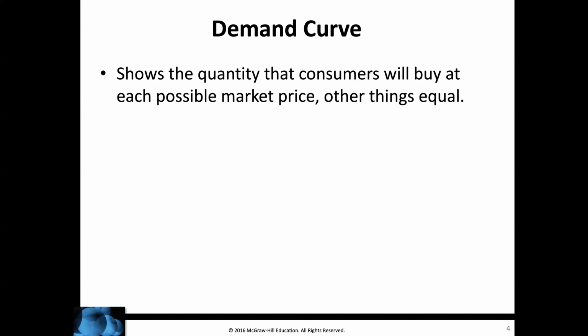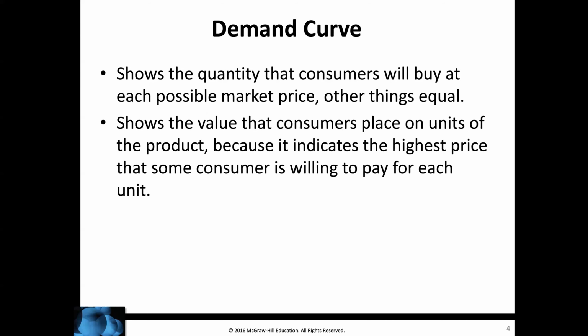We call this the demand curve, and we'll look at some demand curves and some supply curves here in just a little bit. But again, the curve will show the quantity that consumers will be willing to buy at each possible market price. It shows the value that consumers place on units of the product because it indicates the highest price that some consumer is willing to pay for each unit.